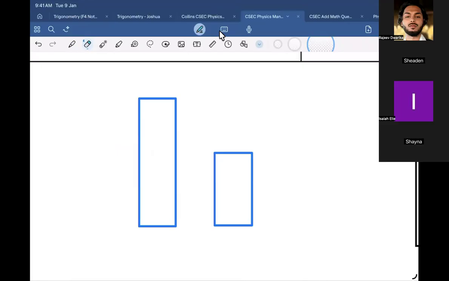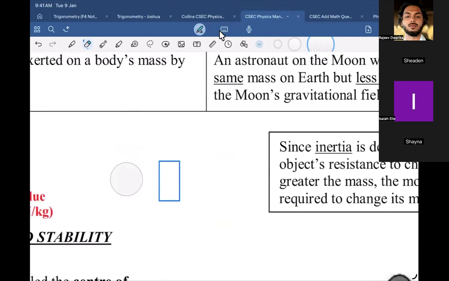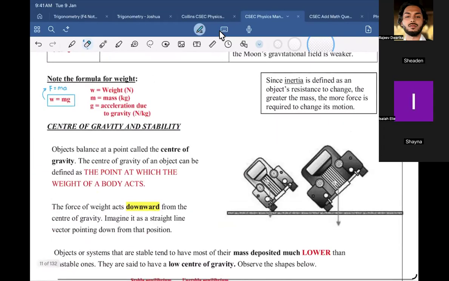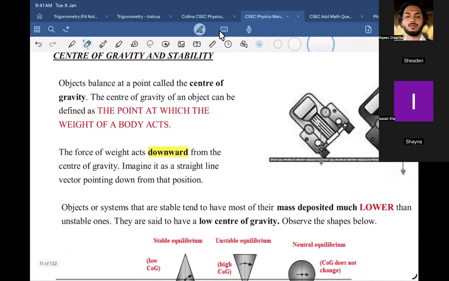Shay, you ever stack anything before? All the time. Like what? Books, everything. If you keep stacking books, eventually the stability will diminish and the books might topple over. Cool. So objects balance at a point called the center of gravity.